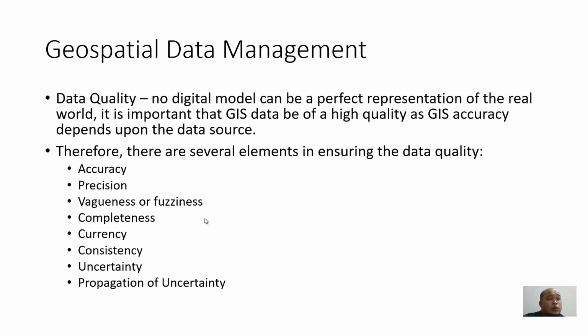Next is the data quality. No digital model can be a perfect representation of the real world. It is important that GIS data be of high quality, as GIS accuracy depends upon the data source. So data quality is very important in order to make sure that the GIS output is of very high accuracy.